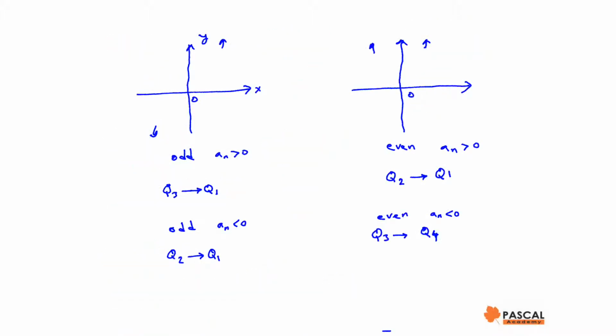If n is odd and a_n is positive, it is always from Q3 to Q1, and when n is even and a_n is positive, it's always from Q2 to Q1. When a_n is negative, we have a reflection in the x-axis.